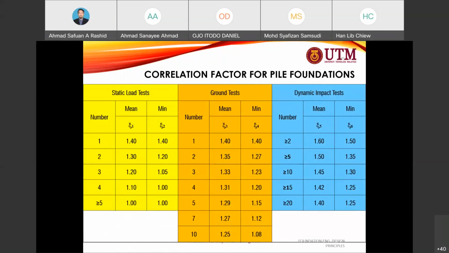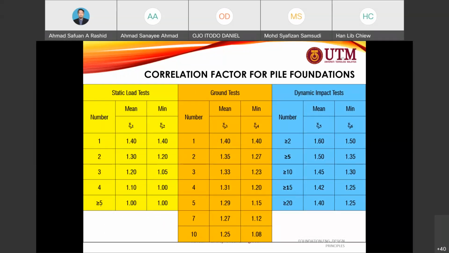table. For example, for the static load test, if we have a number of tests equal to 2, we get the average and then divide by 1.3. For the minimum, we find the minimum value and then divide by 1.2.